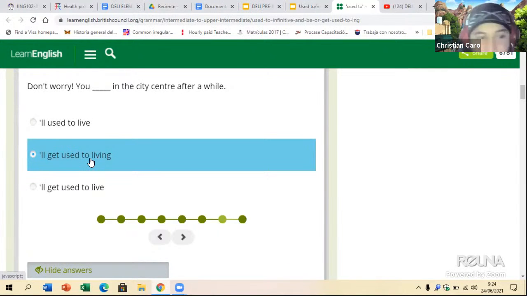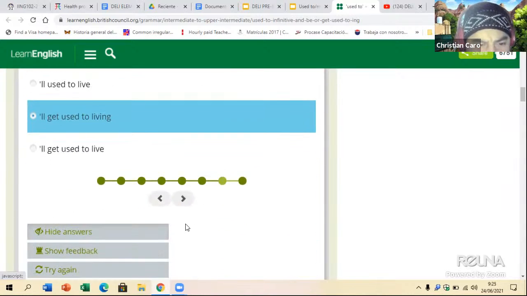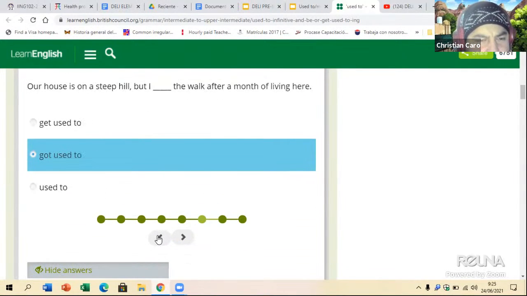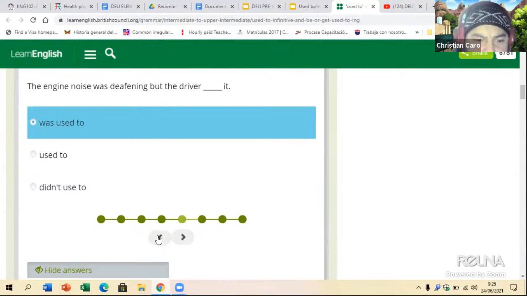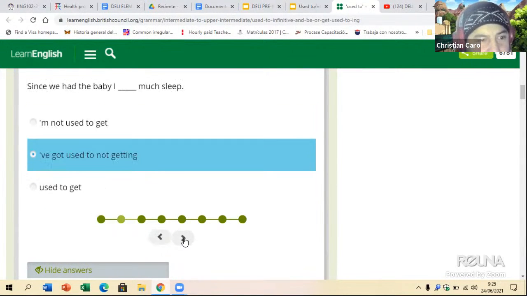Siempre es be or get used to plus gerund. Siempre va a ser be or get used to plus ing. Always. Obviamente es tentador poner used to live, pero siempre que hay un be or get used to, va a ser con un verbo con ing. Always. ¿Ya? What else? Las demás estaban todas okay. Good job anyways, because 75% is a good score, right?